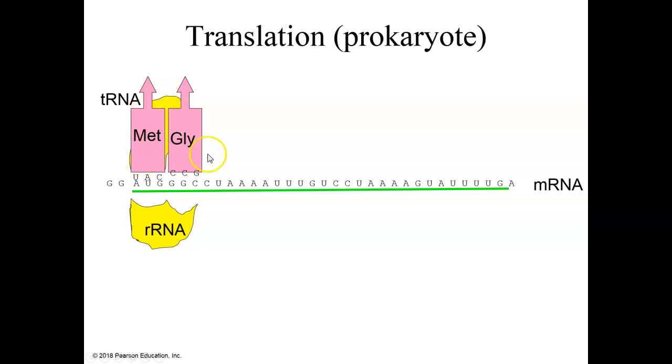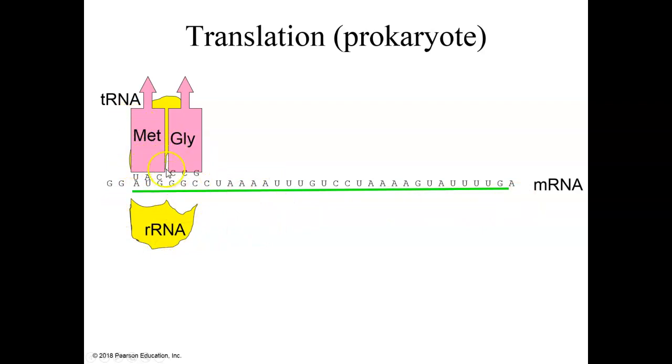So this is, again, my translation showing what's going on. These pink things are like little arrows with big boxes. These are my tRNAs. The yellow thing here, that's my ribosomal RNA. And then messenger RNA is this molecule here.